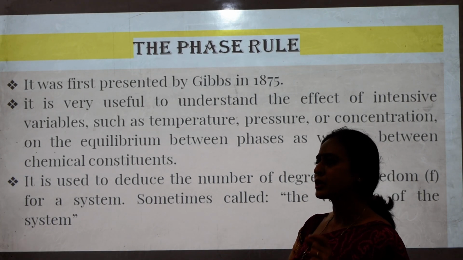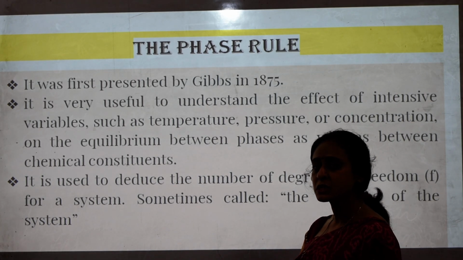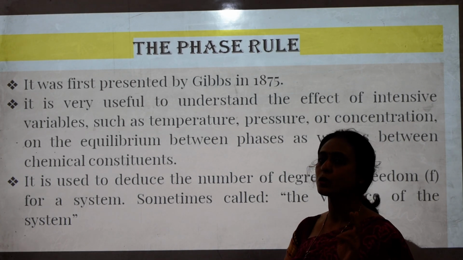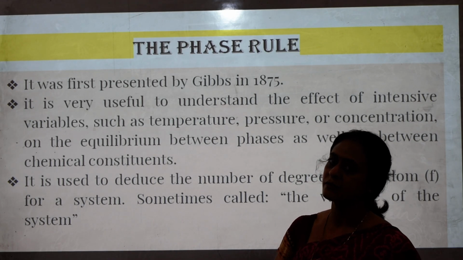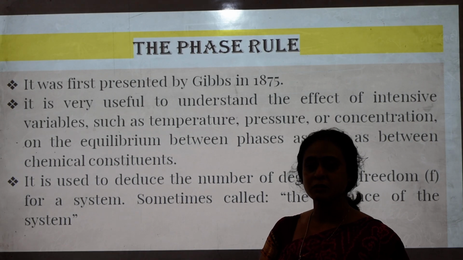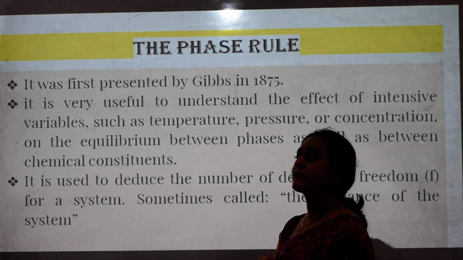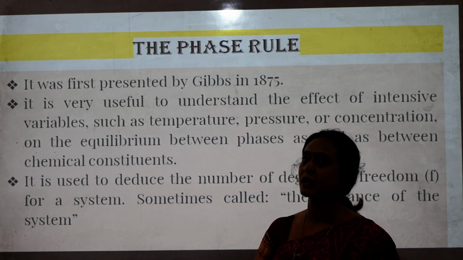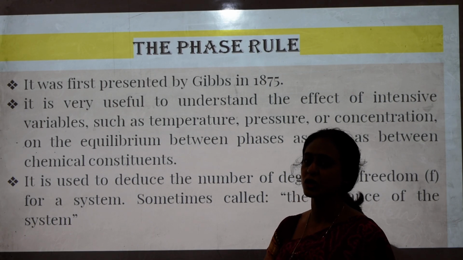Now what does the word intensive property mean? There are two kinds of properties, intensive and extensive. Extensive property is dependent upon the mass. Their value depends upon mass. It means if mass changes, extensive properties also change.